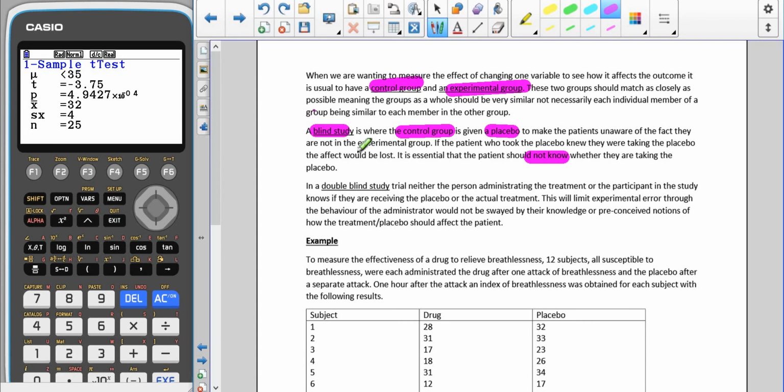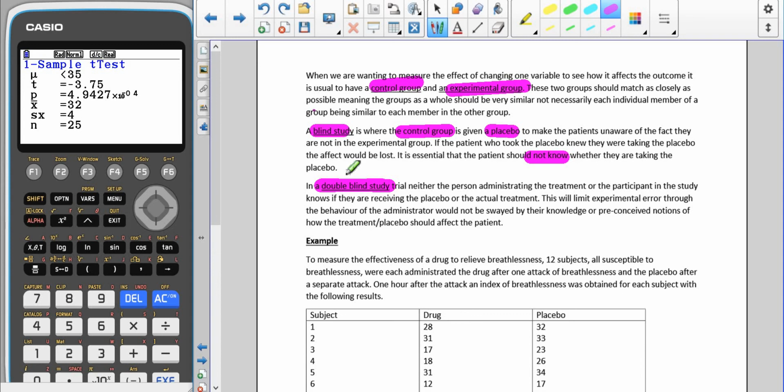So in lots and lots of medical research, they'll have a control group which will receive a placebo, but that could be a blind study where the participant does not know that they are on a placebo. There is also a double-blind study, and this is more commonly used, and the reason for that is to, again, eliminate the experimenter bias.